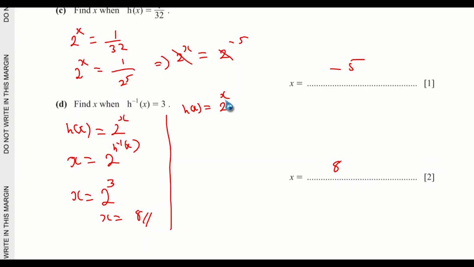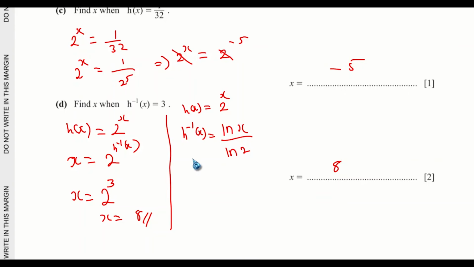So the inverse of h of x, because if you take natural log of both sides, it will be ln x over ln 2. But eventually we don't have this as part of the IGCSE syllabus.